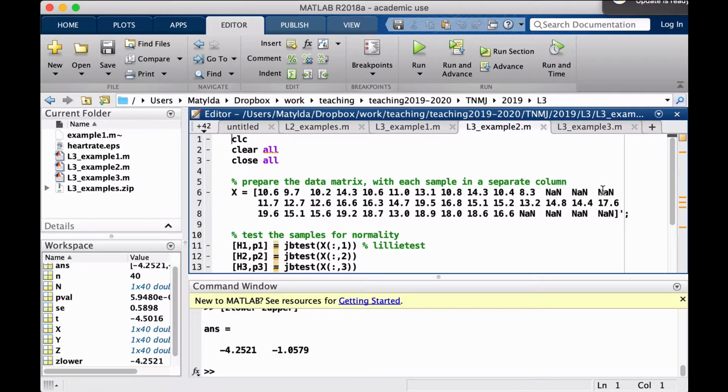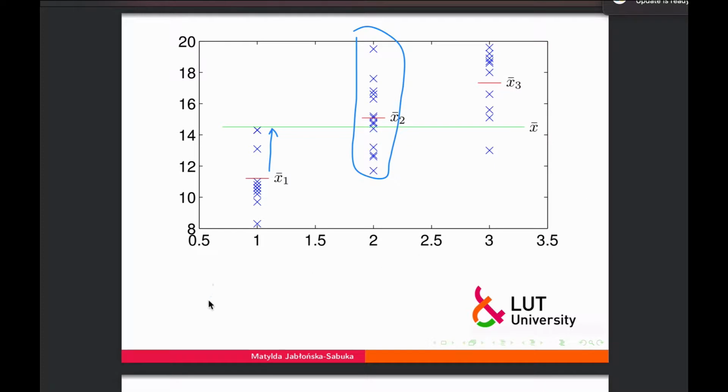Before we move on to ANOVA, we actually have to test one thing, because ANOVA has an assumption that samples are normally distributed. The reason is that we are considering sums of squares in our test. The assumption behind the F-test is that the sums of squares are normally distributed, because the F distribution comes from a ratio of chi-square distributions.